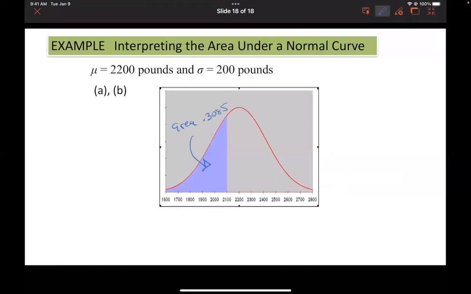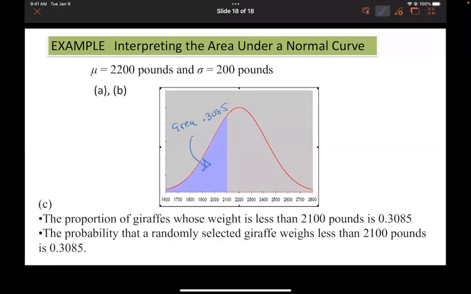So the two different interpretations that we have: the proportion of giraffes whose weight is less than 2,100 pounds is 0.3085. We also have the interpretation: the probability that a randomly selected giraffe weighs less than 2,100 pounds is about 0.3085.